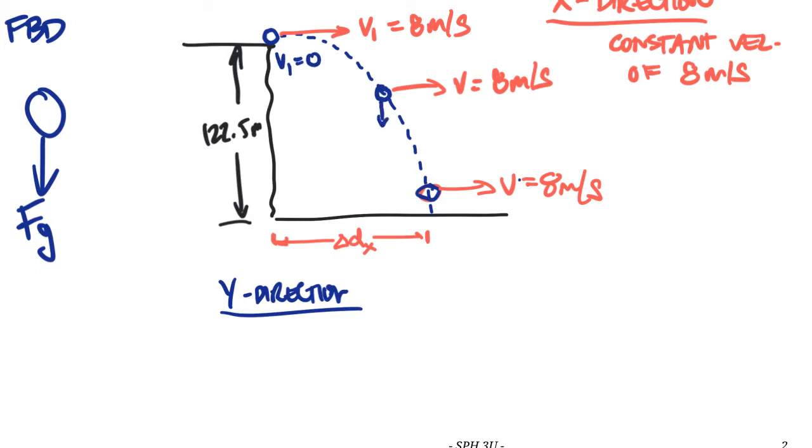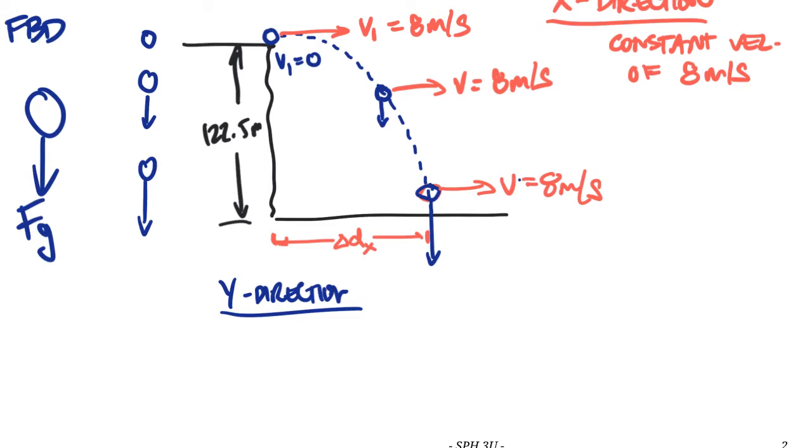And as it falls farther and farther, the vertical velocity is going to be greater and greater. So this is essentially the same motion as a ball that was just dropped from a height of 122.5 meters. It's almost as if you took a ball and dropped it, and it gets faster and faster as it falls that 122.5 meters.